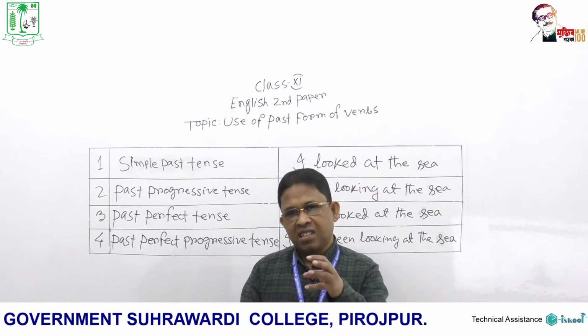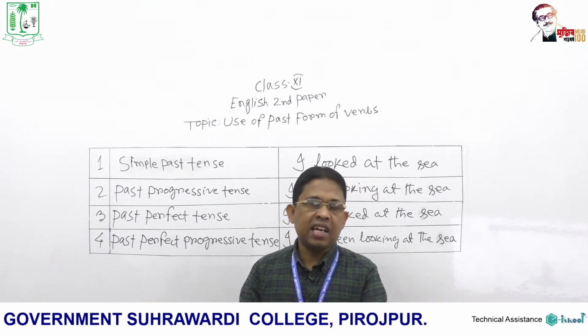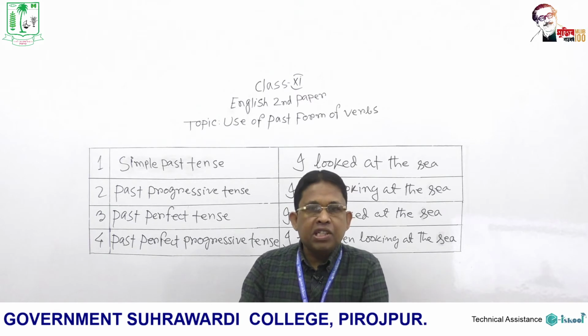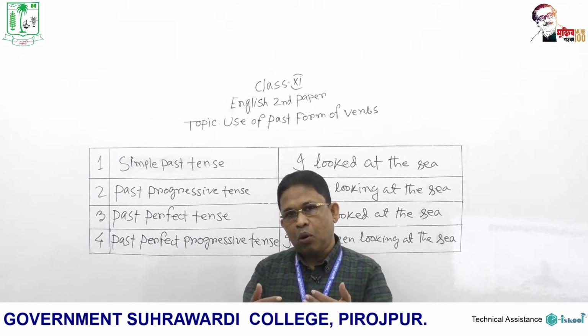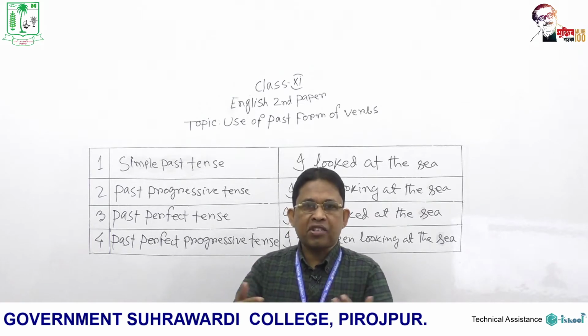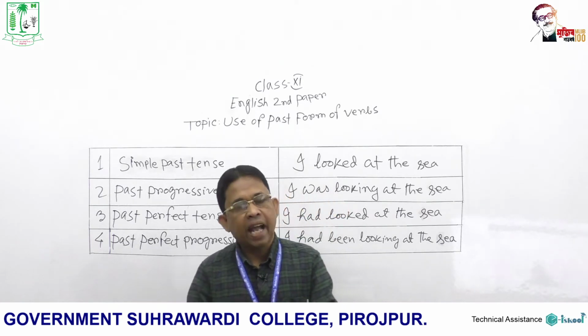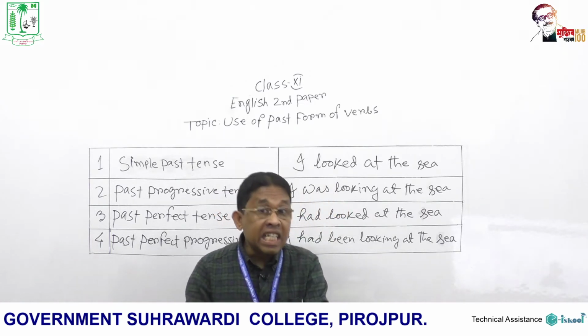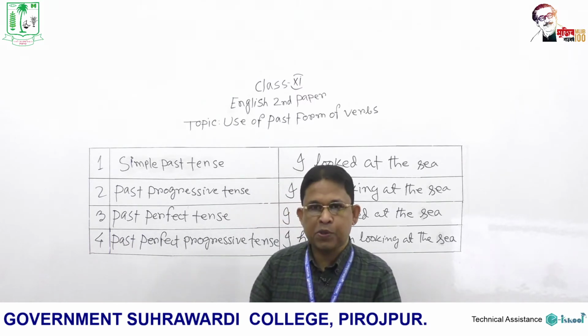That is, the activities or the actions that have already been completed, that have already happened. These types of actions, these types of activities are indicated by the past form of verbs.